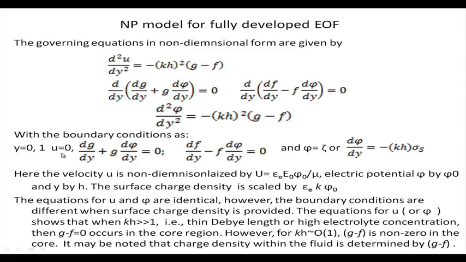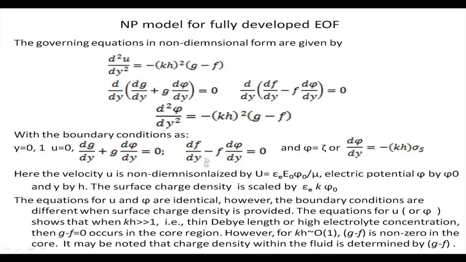On the wall we have zero fluid velocity and zero normal flux, given this way, along with either a constant zeta potential or a constant surface charge density. Here kappa is the inverse of the Debye layer thickness.